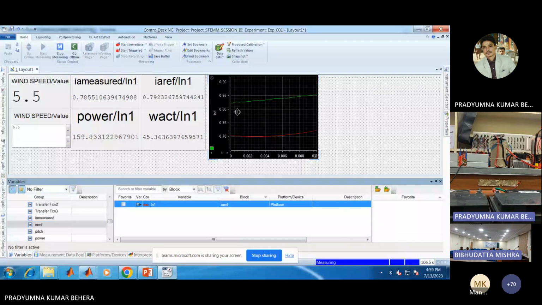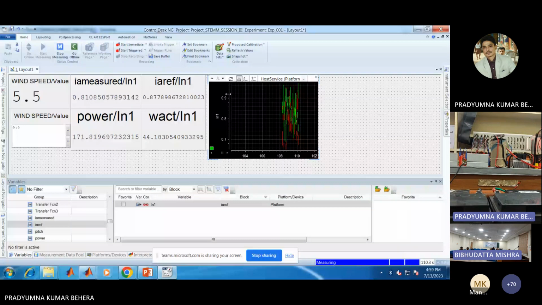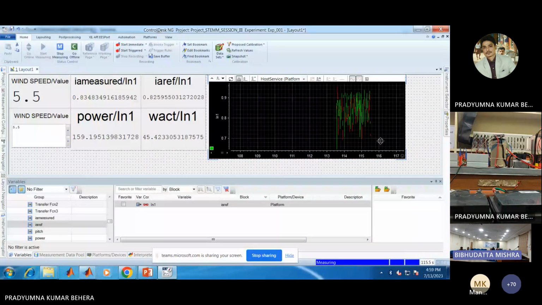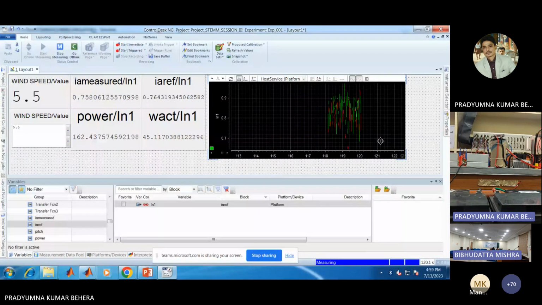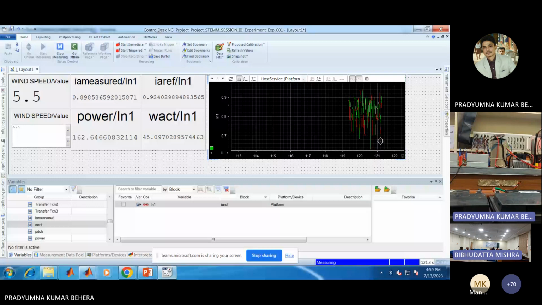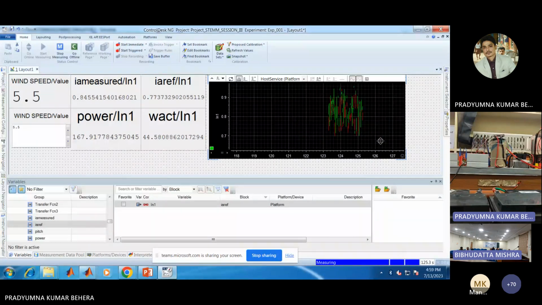So here you can see the armature current is tracking the reference current, which justifies the emulation of the wind turbine using a separately excited DC motor.